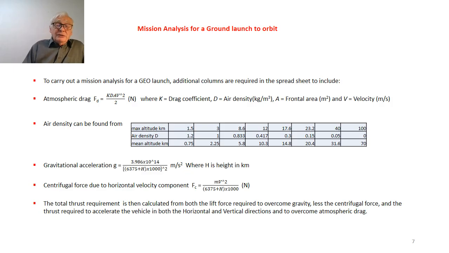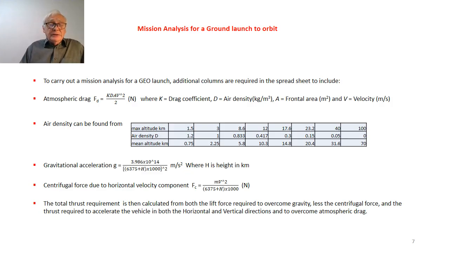For simplicity, what we've done is divide the air density value into 8 ranges of altitude, and you can see that above 100 kilometers we've assumed that the air density is so low that it can be negligible.